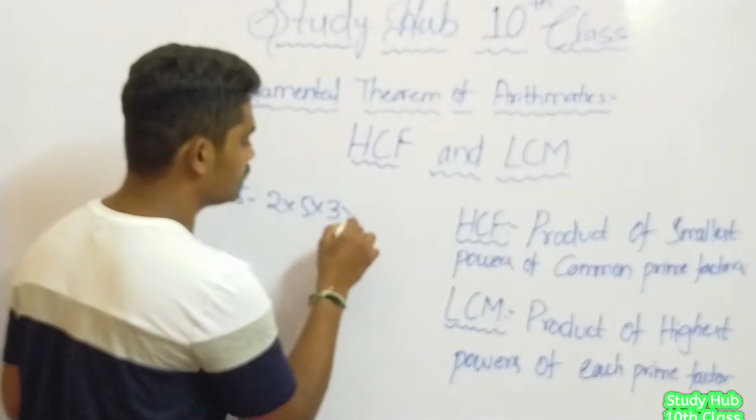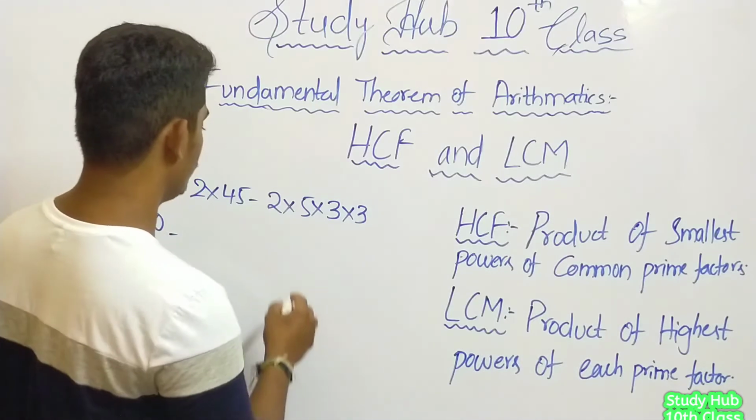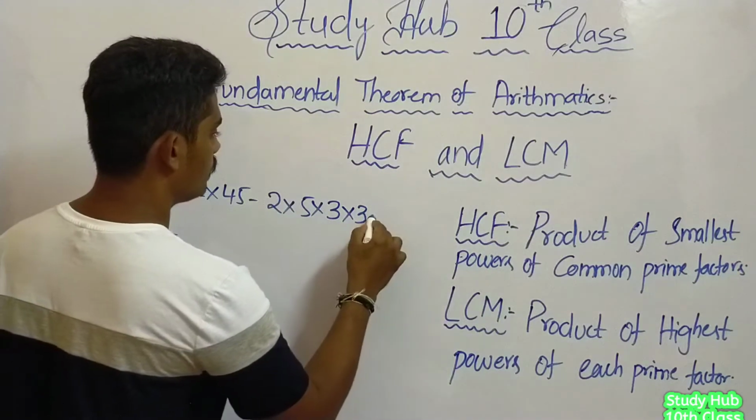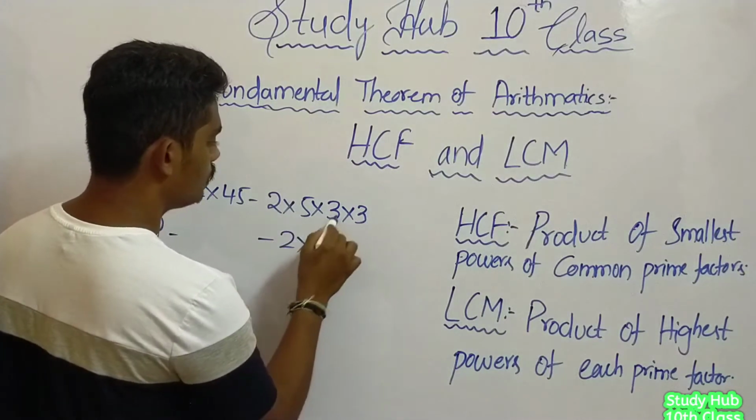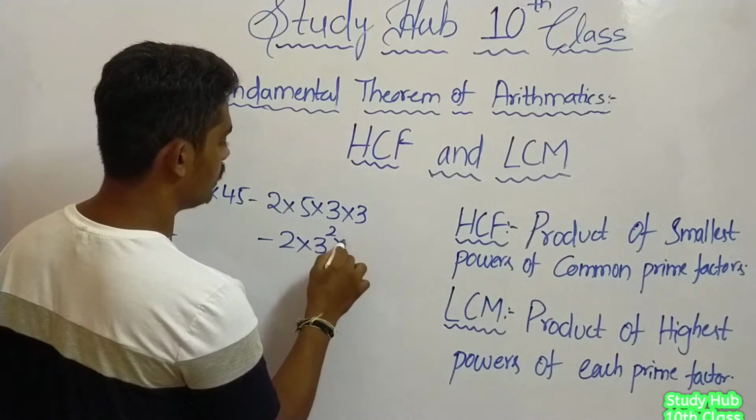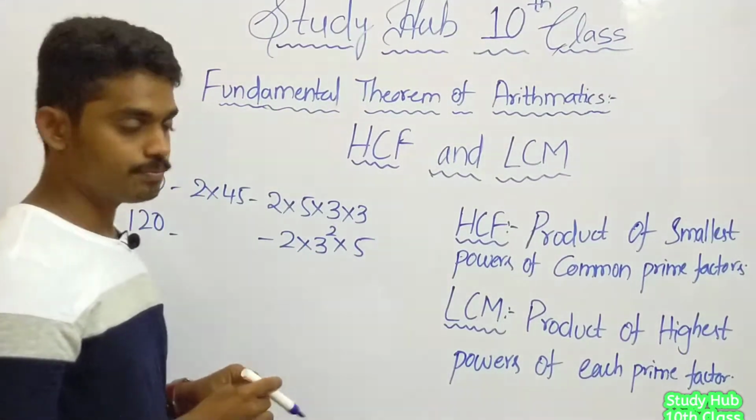That 9 I can write as 3 into 3. So it will become 2 into 3 square into 5.